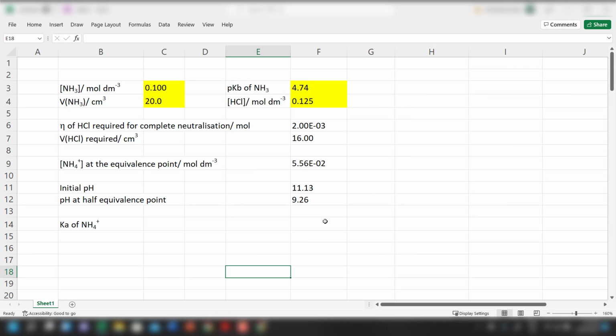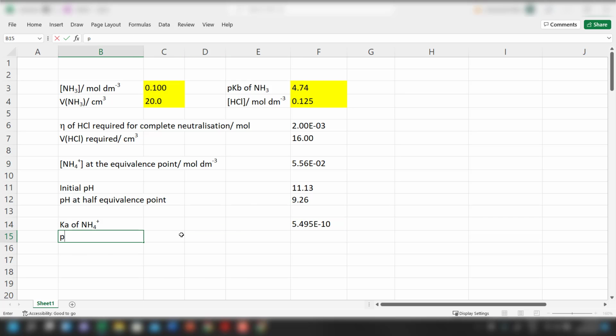For our ammonium, we do that by simply taking Kw, that's 10 to the power of minus 14, divided by 10 to the power of minus 4.74. We can do that. So that will be 5.495 times 10 to the power minus 10.